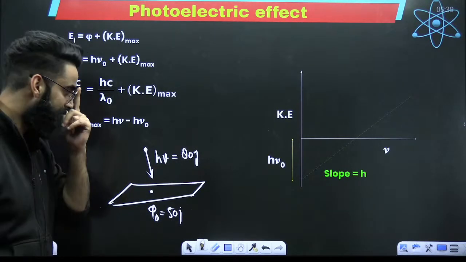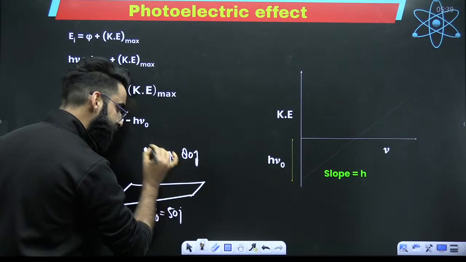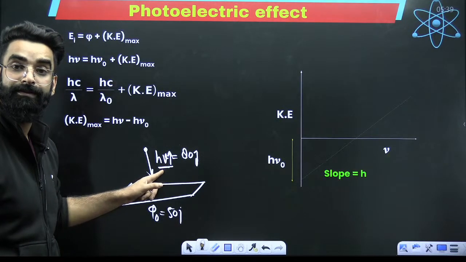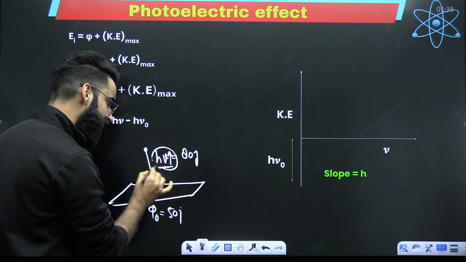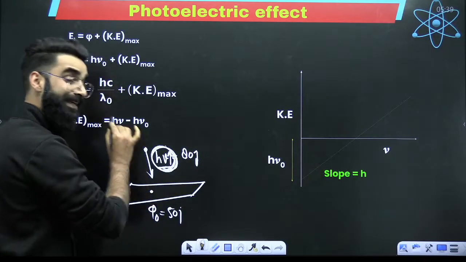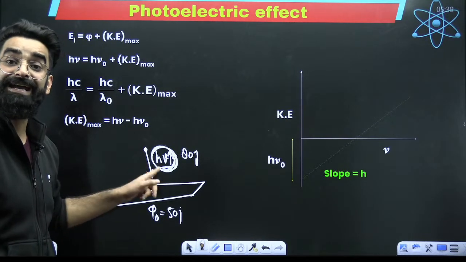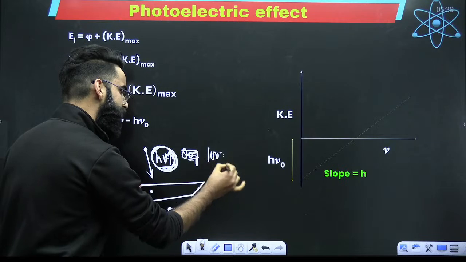You know it. Now tell me one thing. If I increase the frequency of the incident light, that means the energy of the photon is increasing. Imagine we are increasing the energy to 100 joules.